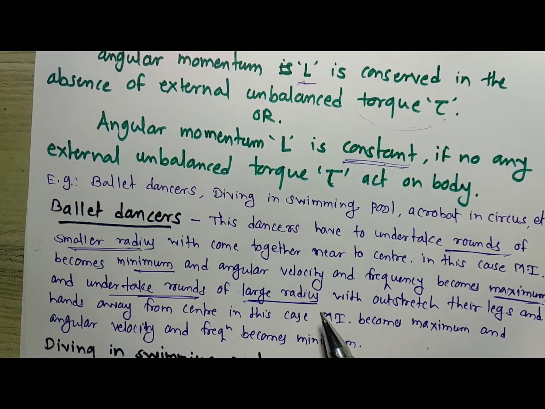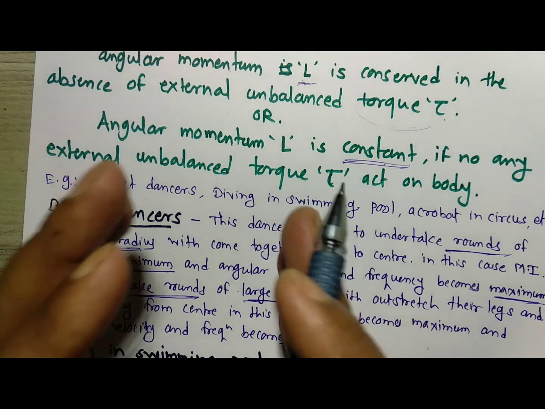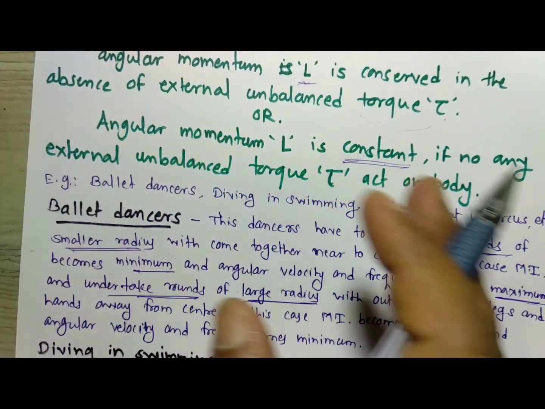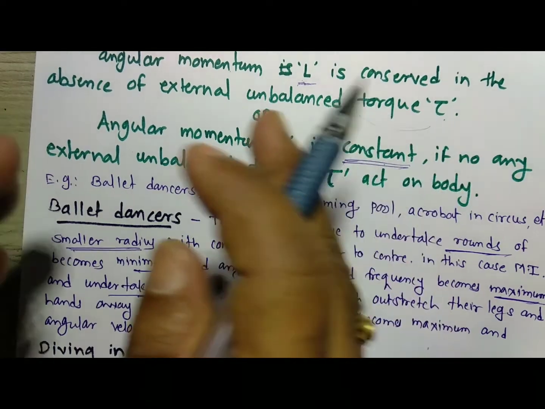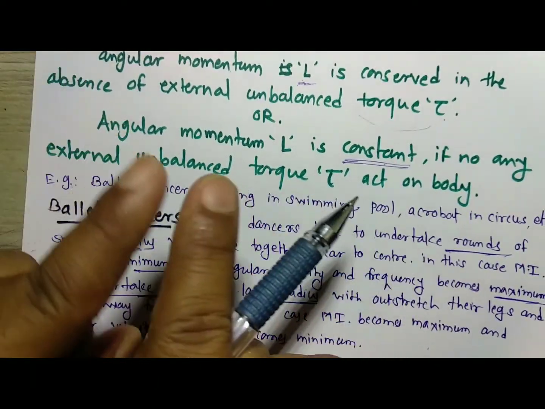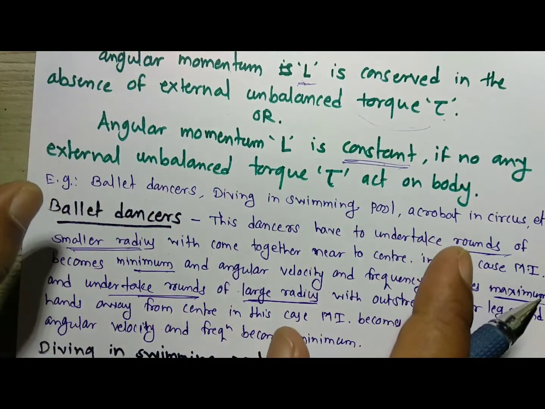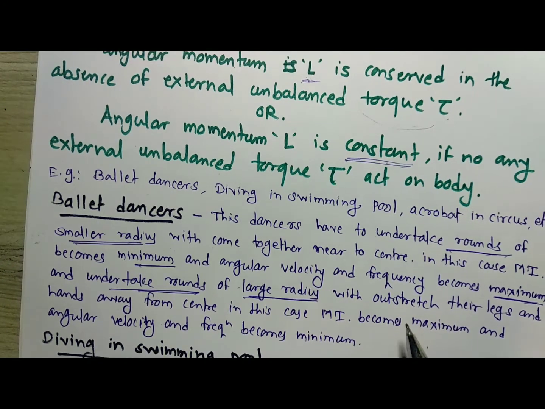When we want to take rounds of larger radius, the acrobat or ballet dancer stretches their legs and hands away from the body, or away from the center of rotation. When legs and hands are outstretched, the distribution of mass increases and the moment of inertia increases.